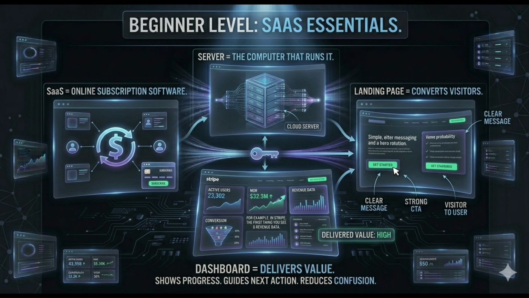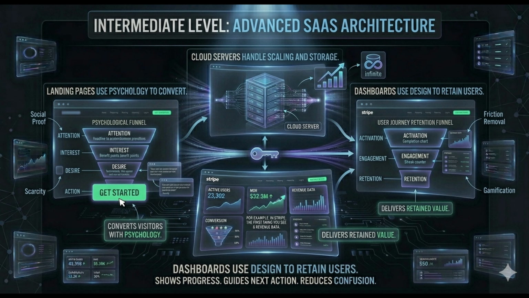At the intermediate level, what you have to understand is that cloud servers handle scaling and storage. Landing pages use psychology to convert. Dashboards use design to retain users. If you are at the intermediate level, you have to understand this concept.